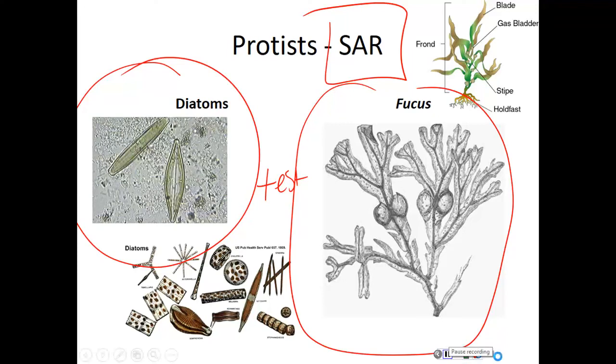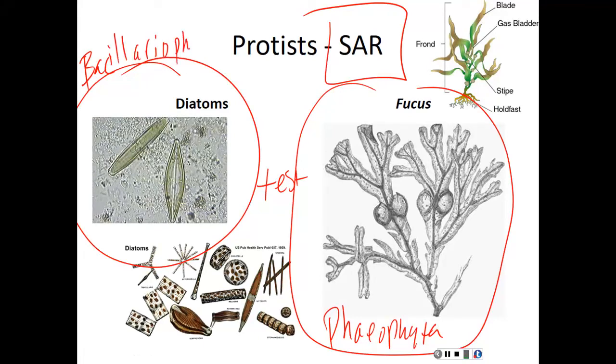So this is phylum Phaeophyta, and Bacillariophyta for the diatoms. I'll go over this again in the lab review. So this phylum Phaeophyta, all multicellular, okay? Everybody's multicellular in this. That's one key thing to know about this phylum.